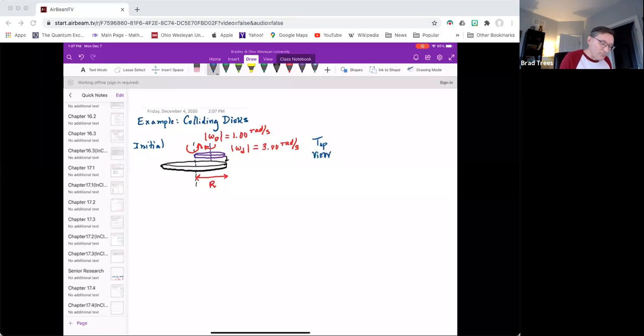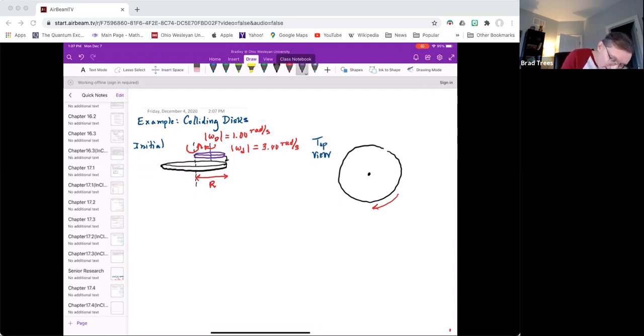That might be helpful, in which there's the big disk rotating counterclockwise about its axis through the center, and the little disk is rotating and suspended just above the first disk, excuse me, got that arrow wrong on that one, counterclockwise for the big one and clockwise for the little one. All right, that's initial. Final.